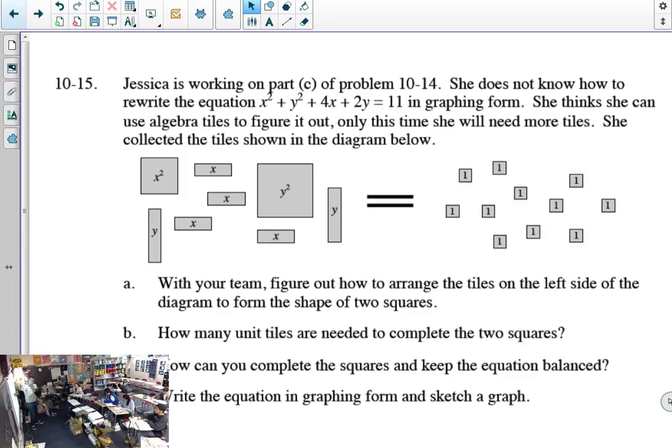You'd make a physical perfect square with the x tiles and some 1s, and a physical perfect square with the y squared and the other y tiles and some 1s, and introduce those other tiles over here. So this would have reinforced it, but we're not going to.